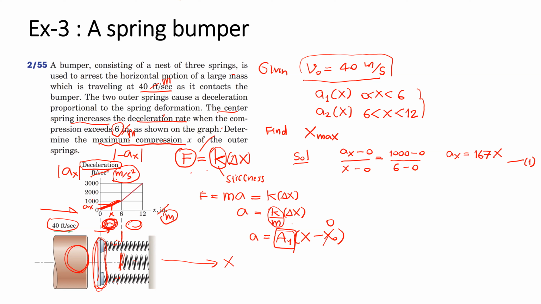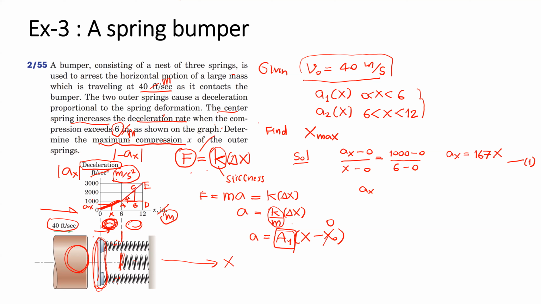What if the plate goes further than this region? For ax in this region, we consider the triangles ABC and ADE as similar triangles.